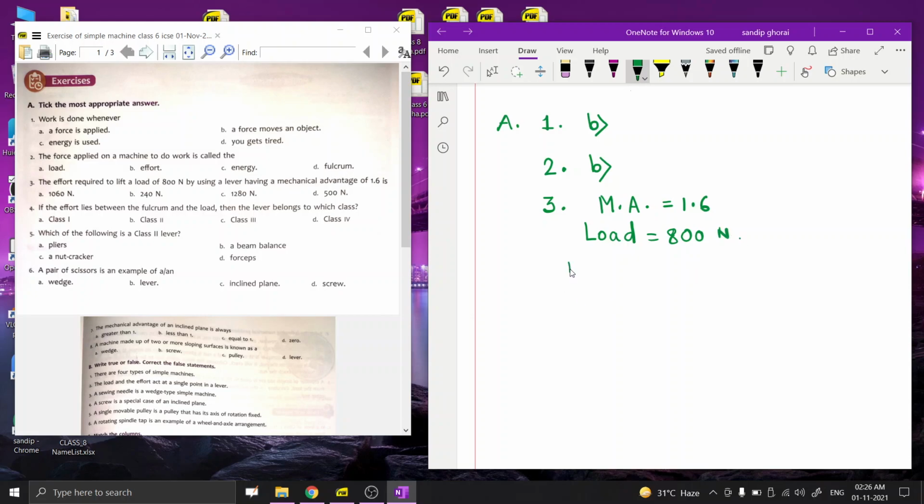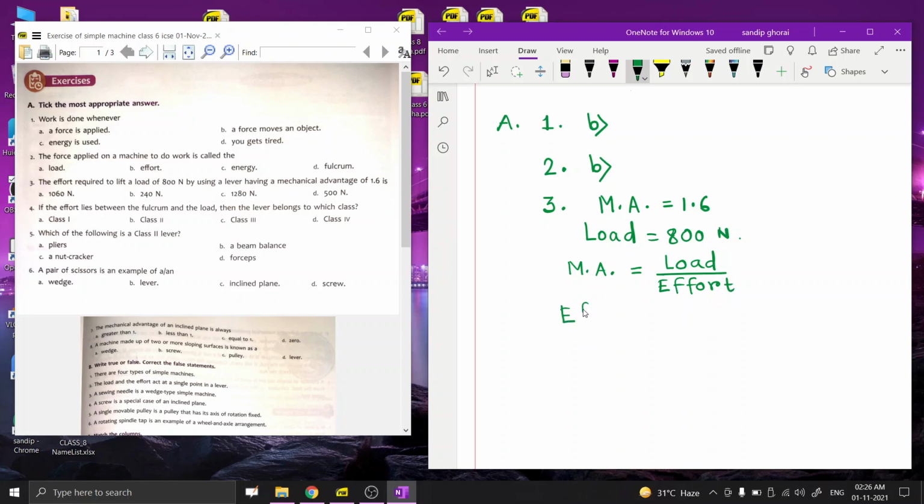We know the equation: mechanical advantage equals load upon effort. So we have to find the value of effort.